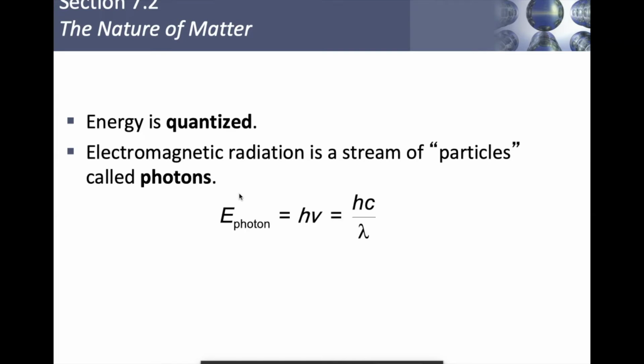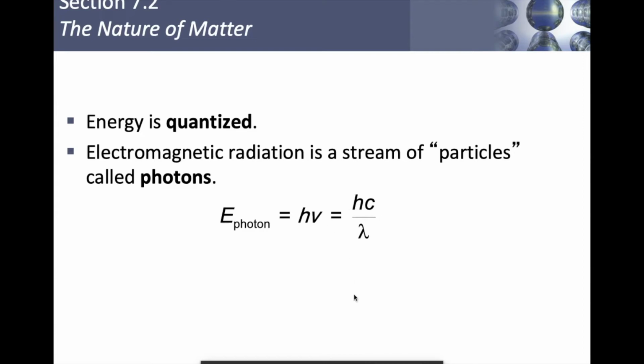Interestingly enough, the energy of a photon is equal to Planck's constant times the frequency. Another way of writing that would be Planck's constant times the speed of light divided by the wavelength. These are both equivalent to one another and can be used to solve problems.